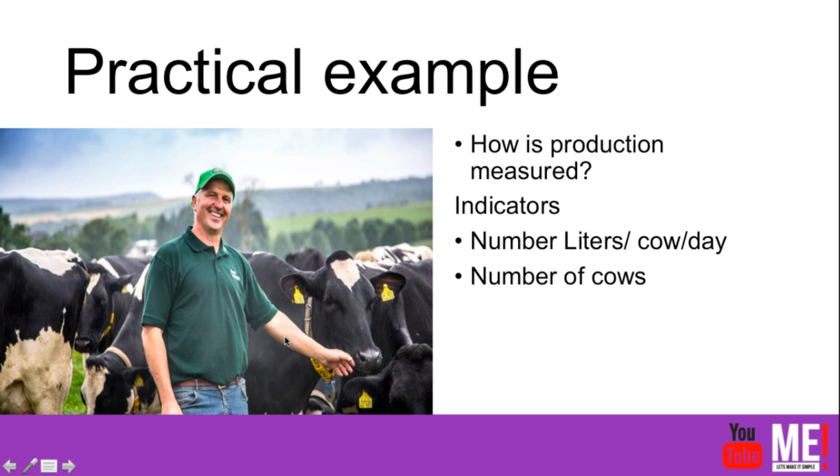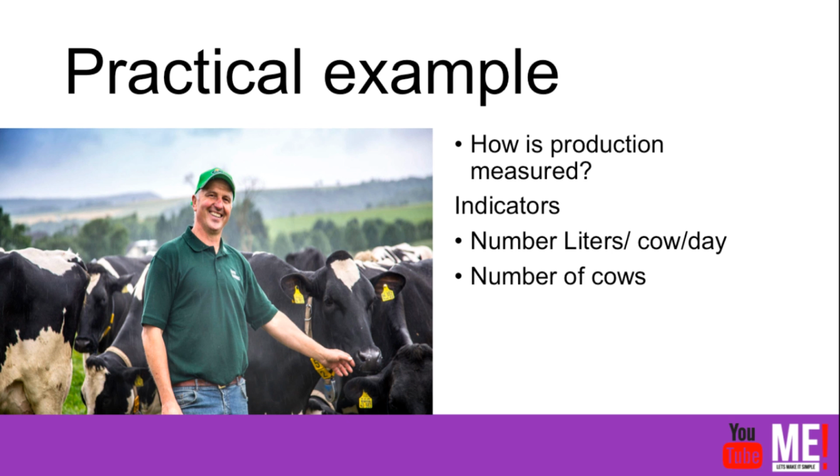Now, here's a practical example. Do you see this man here? He's a farmer who has obviously quite a number of dairy animals on his farm. But how is production of milk measured? If you asked him, what kind of indicator is he going to choose to measure milk production?